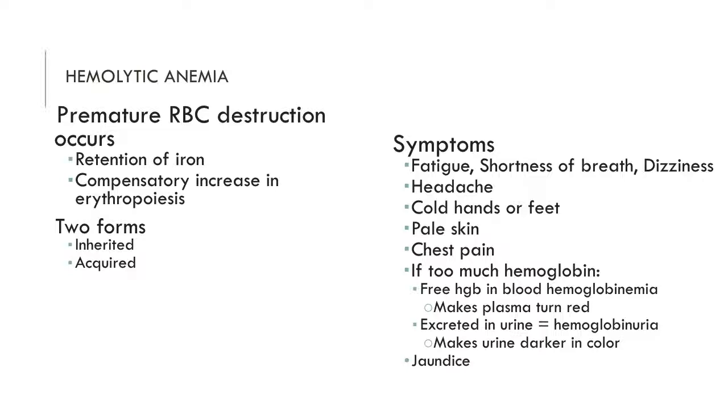If there's too much hemoglobin, the free hemoglobin in the blood results in hemoglobinemia, which makes the plasma turn red. If it's excreted in the urine, we get hemoglobinuria, which makes the urine darker in color. And it also can lead to jaundice.